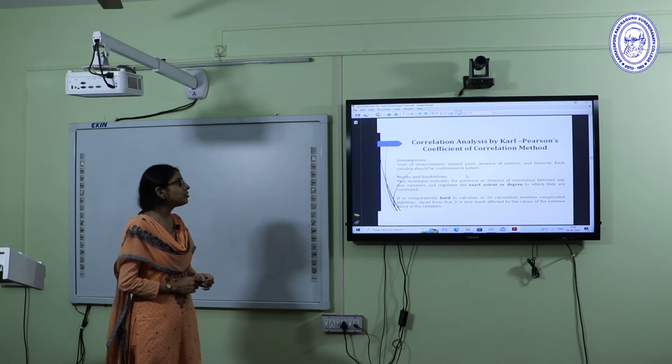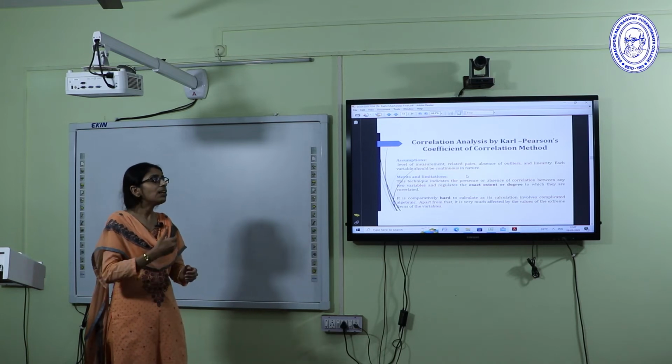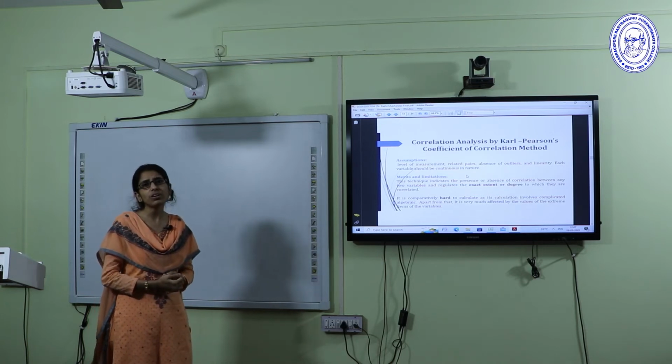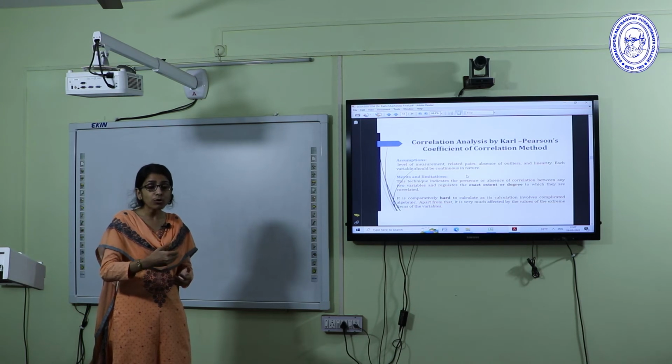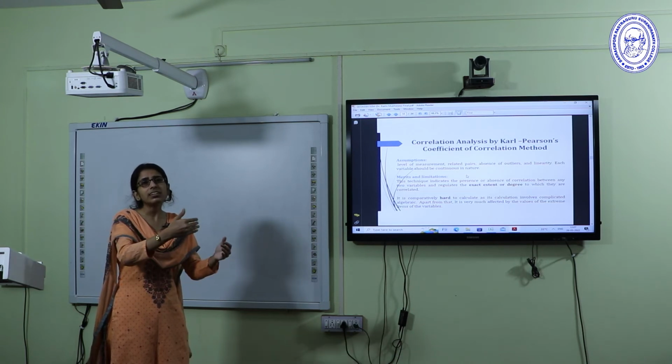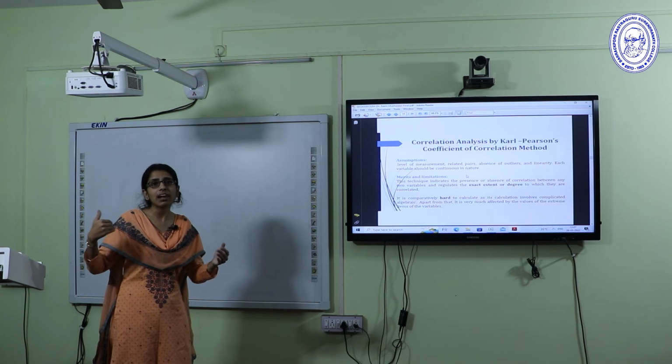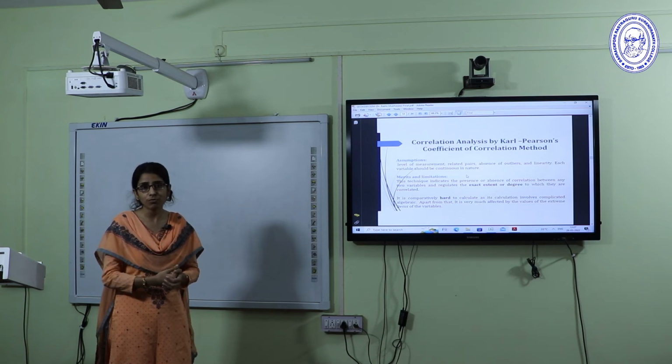But the limitation is that the calculation of Pearson's correlation is comparatively complicated. If you go through it manually, there are a number of lengthy calculations you have to perform.